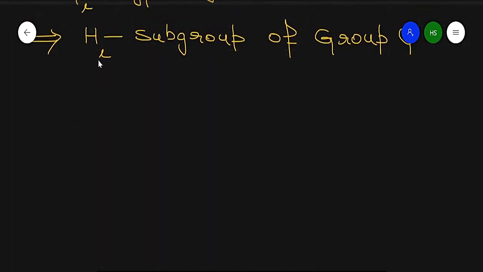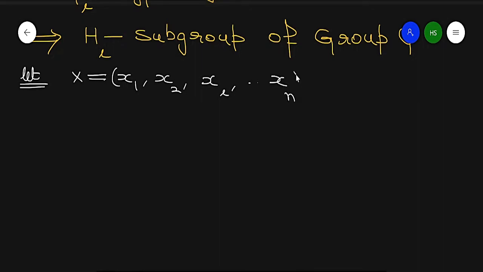Now I take one element from Hi and one element from Gi. So to prove it is a normal subgroup of this G, I take x equal to this element x1, x2, xi and so on up to xn. This element belongs to G. Now what does it mean?